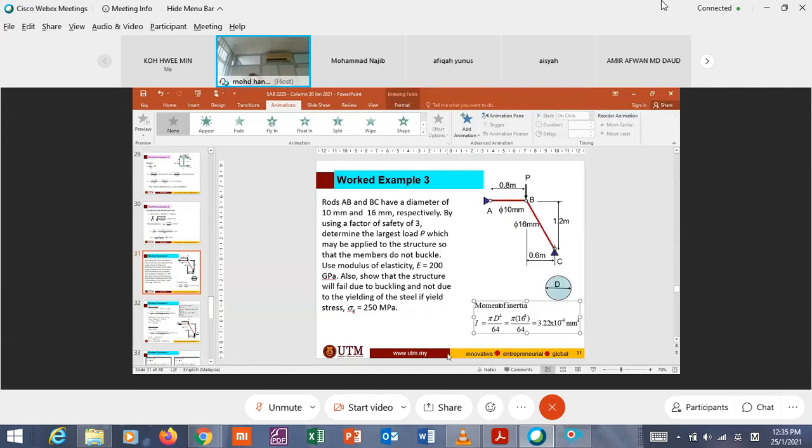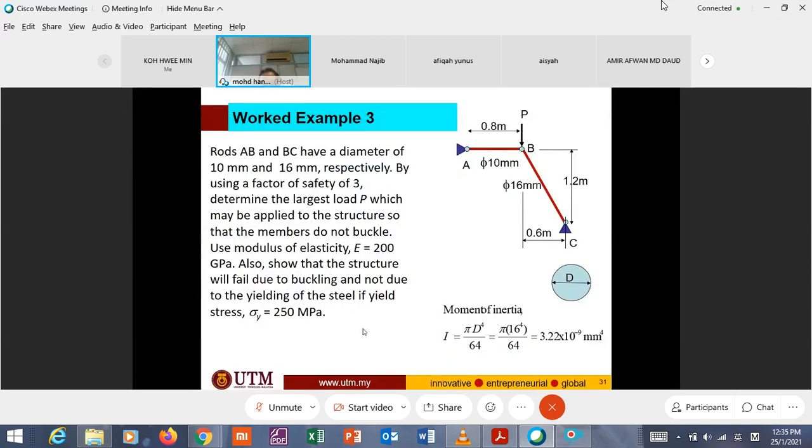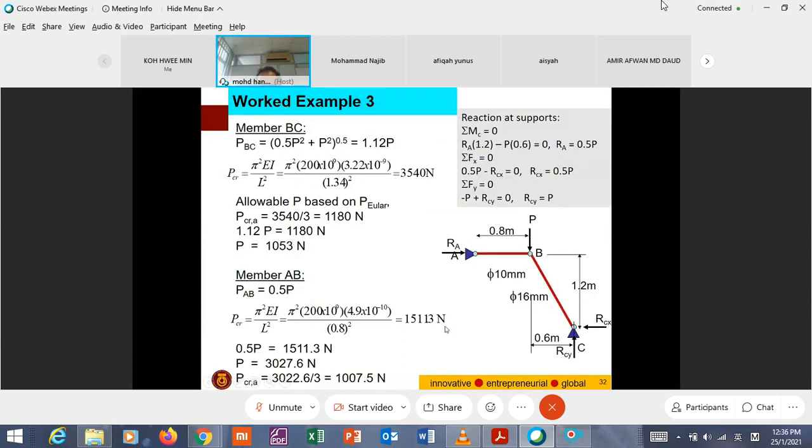If it is not correct, I'll tell you on Wednesday. Okay, so this is Ix equal to Iy.